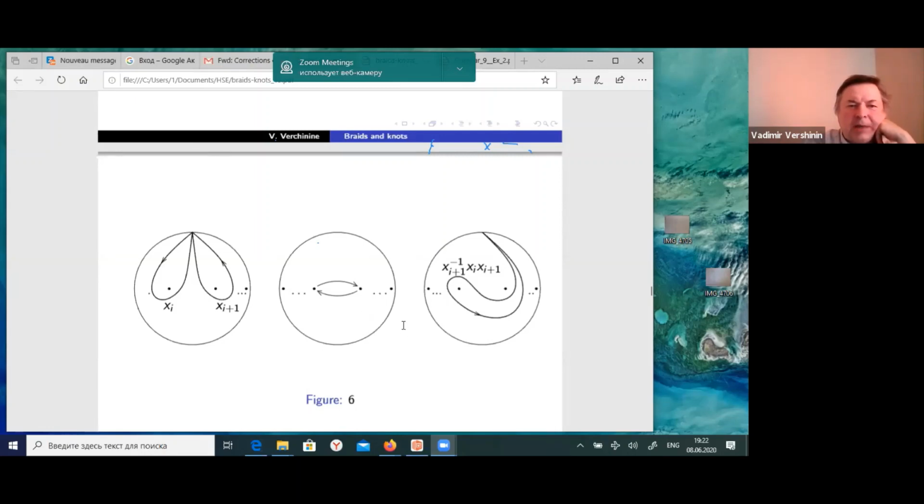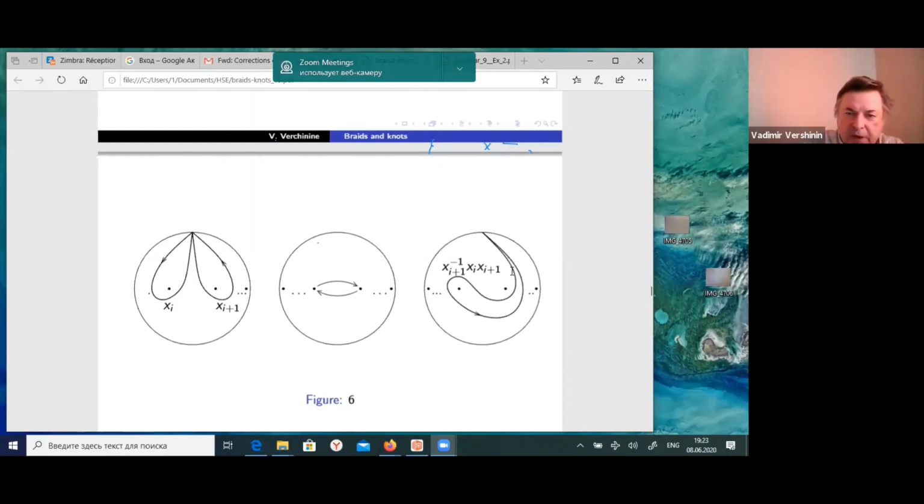But what will happen with the right loop? There should be a loop now, because point x_{i+1} went to the point x_i. So it should be a loop which goes around x_i. And if you now concretely construct the image of this loop, the right one, after this map, after this pi rotation, you see that it goes somewhere here.